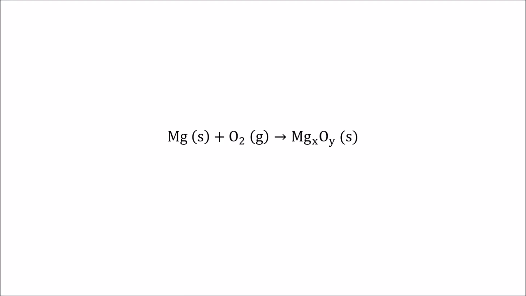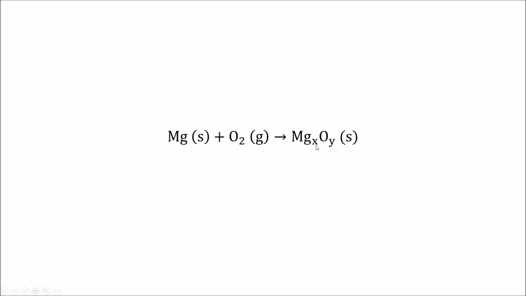So one specific example that we could look at is if we had a reaction between magnesium and oxygen, magnesium being a solid metal and oxygen being a gas from the air. And so if we had a reaction between those two, what would we produce? Well, we would produce some sort of a magnesium oxide, and we want to figure out the identity of that.